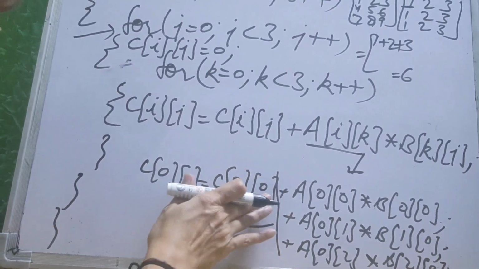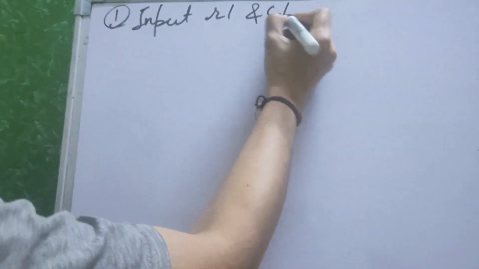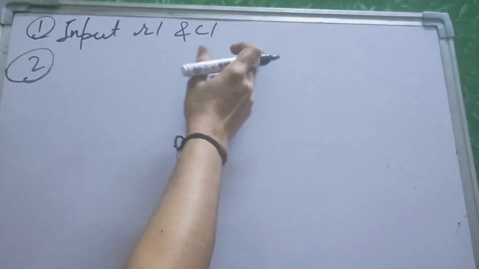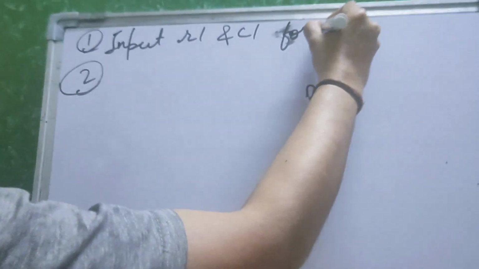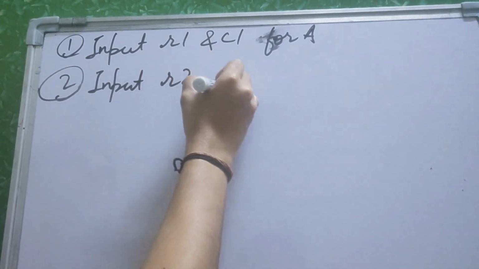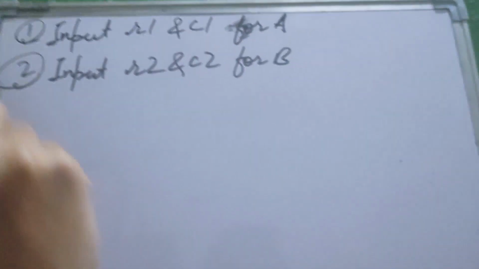In place of writing again this and this for the program, what will we do? First, input R1 and C1. That means input rows and columns for A matrix. Then input R2 and C2 for B matrix.